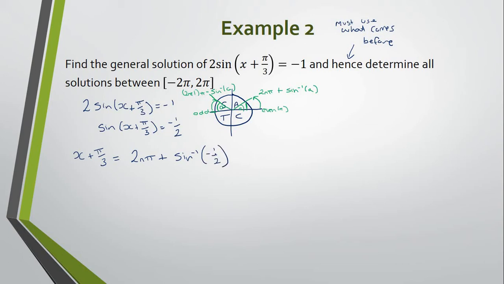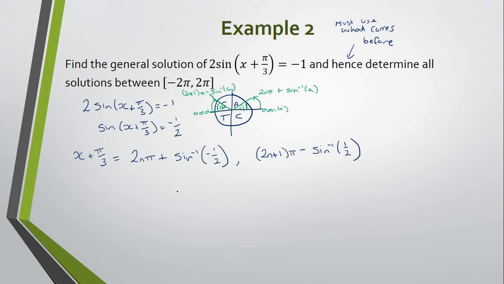Or our second solution, because remember we could get multiple solutions in this case. The other solution that we get for sine is that we're going to get 2n plus 1 pi, and we're going to subtract inverse sine of my value there, which is -1/2. Okay, so this is what we've got. This is what we are looking at in this case.